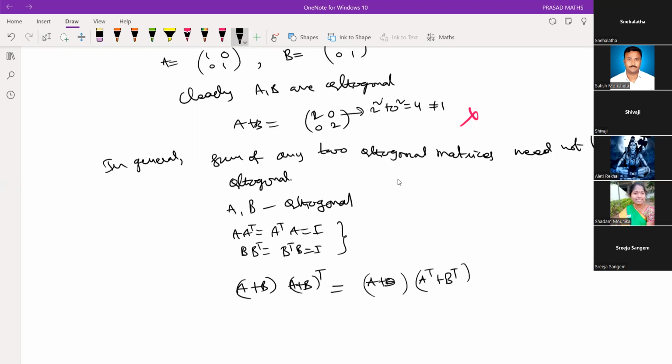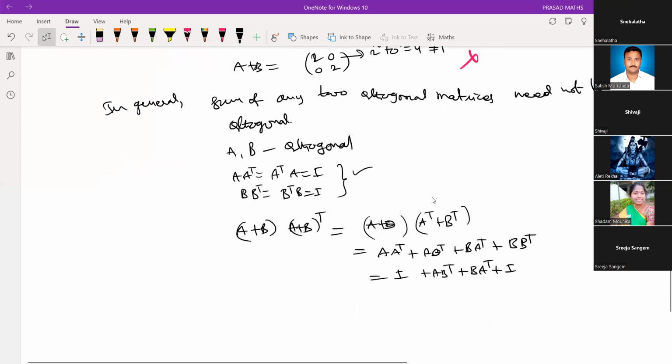The transpose of a sum is equal to the sum of the transposes, and matrix multiplication is distributive over addition. So we get A into A transpose, A into B transpose, B into A transpose plus B into B transpose. A into A transpose is I, using this property, so we get A B transpose plus B A transpose plus identity matrix. In general, it cannot be I.